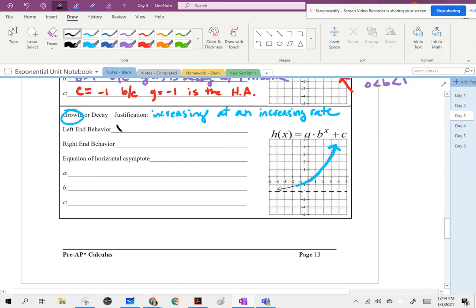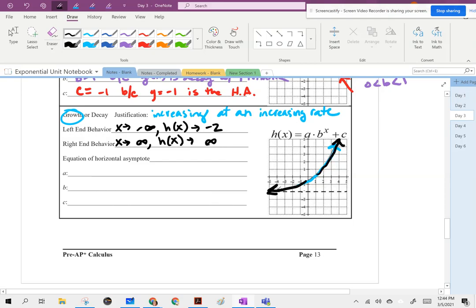Left end behavior: as x approaches negative infinity, h of x approaches, what's happening on the left, it's approaching -2. As x approaches positive infinity, h of x approaches what's going on to the right.